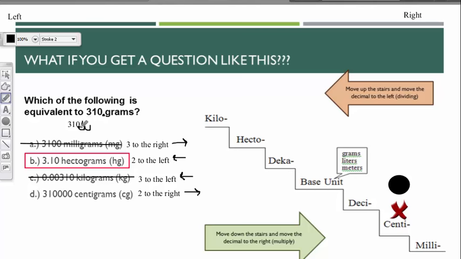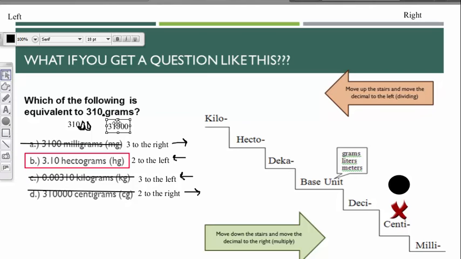You have to fill those with zeros. So my new answer would be 31,000 centigrams. Is this the correct answer? Nope, I have 3 zeros and this one has 4 zeros. So this is not the correct answer. So you can cross it off.